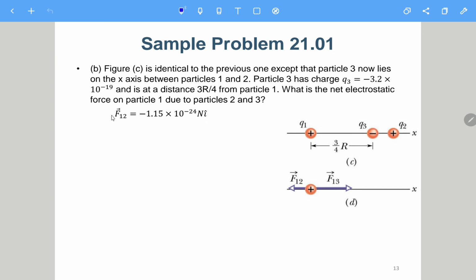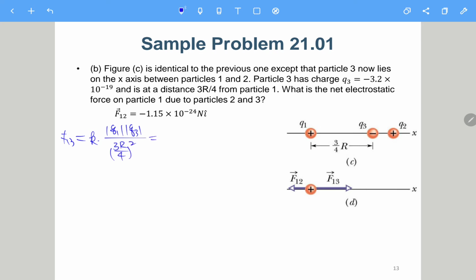So just now we already have F12, the force on Q1 due to Q2, and then we also need to find the force due to Q3. So F13 is nothing but K times Q1 Q3 over 3R over 4 quantity squared.